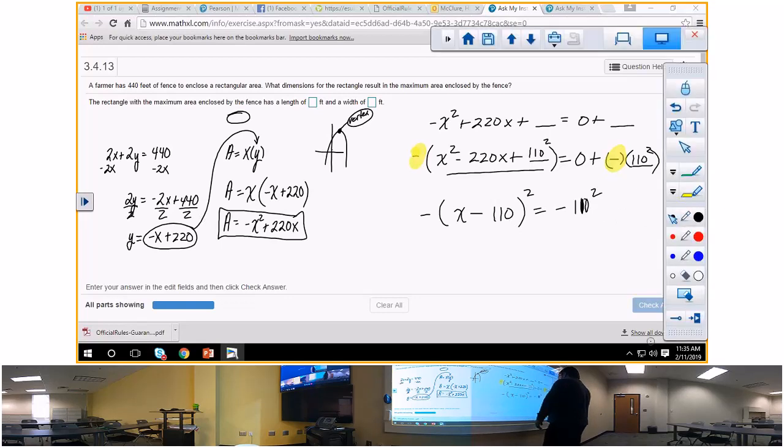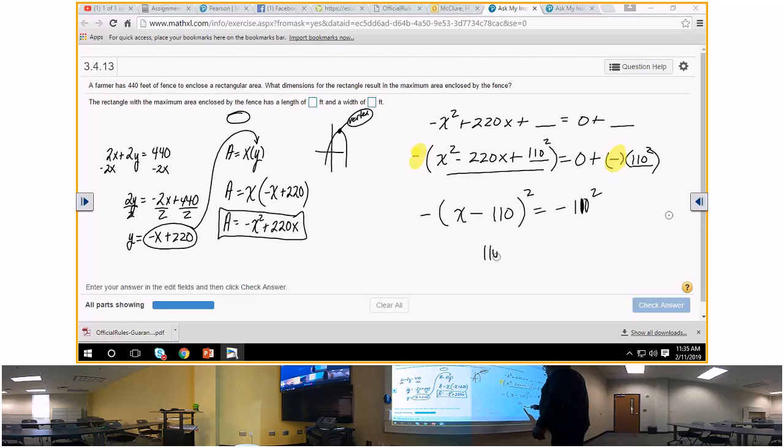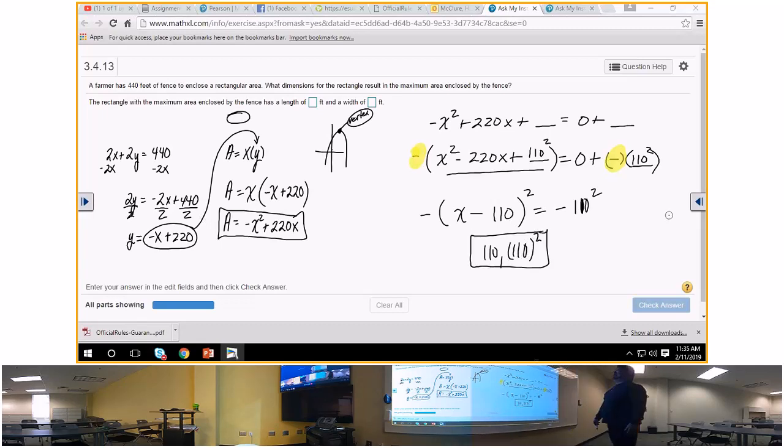So it's going to work out to be negative whatever 110 squared is, a big number. So this is 110 and positive 110 quantity squared. Okay, so that's your vertex.